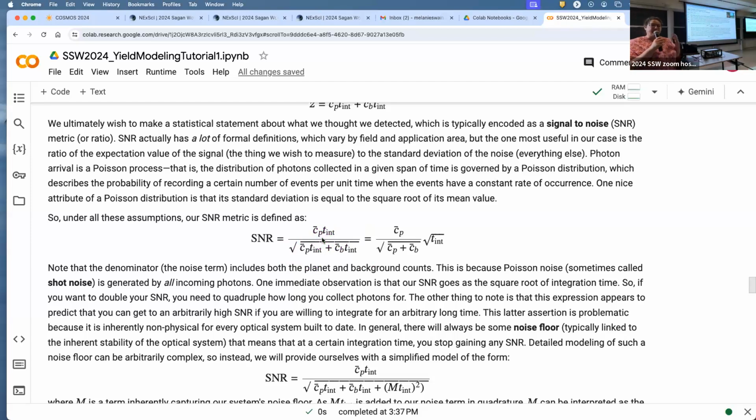So really we're saying, what is the standard deviation on the counts from the planet? And then we're also talking about our background sources. We've lumped them all together here under this C sub B. And we can factor out the integration time here. So now we've got the signal to noise as the counts from the planet times the square root of our integration time divided by the square root of the sum of our counts.